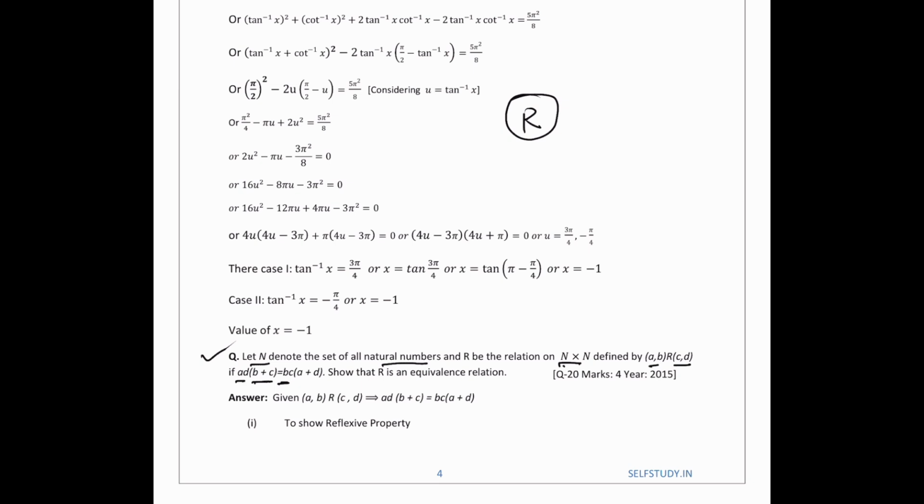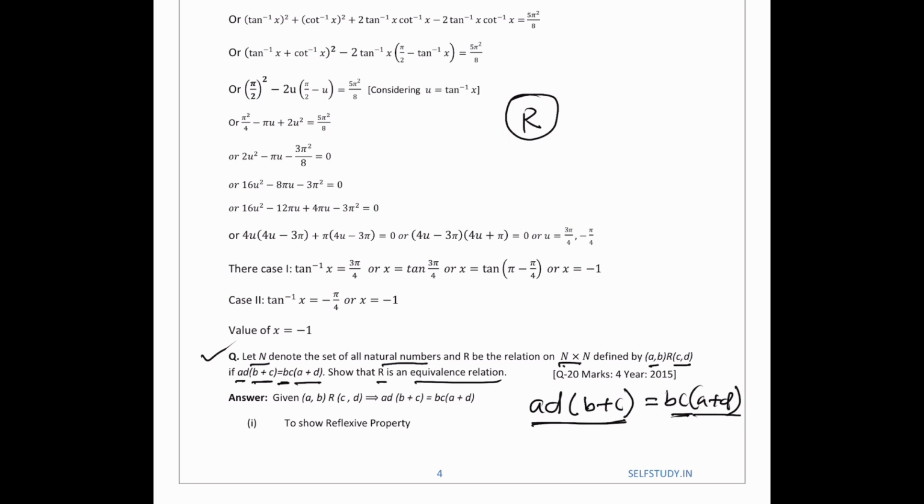So the relation is given that AD into (B plus C) equals BC into (A plus D). These ordered pairs AB and CD are related in such a way. So this is the relation given. Then you have to show R is an equivalence relation.